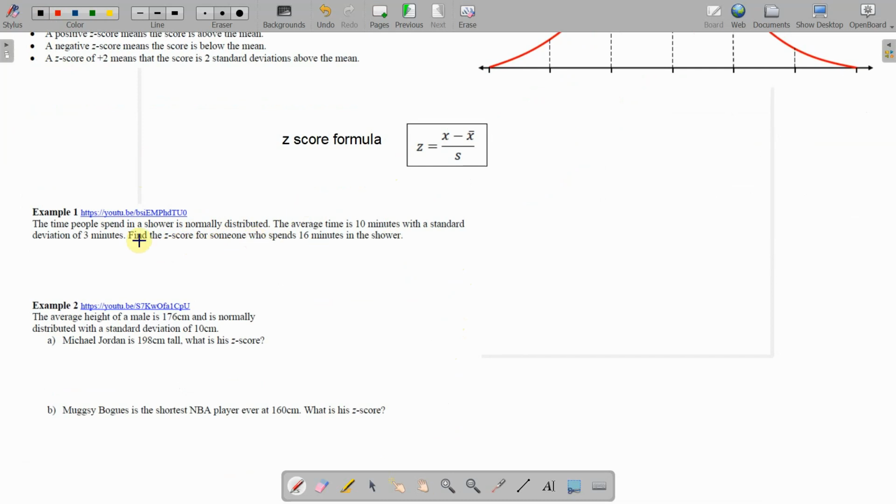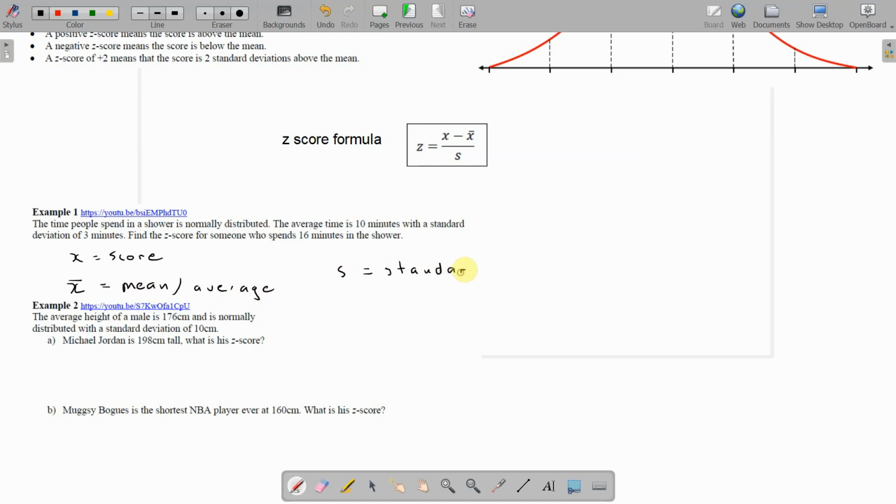The Z-score for someone who, we've got people spend time in the shower, is normally distributed and the average time is 10 minutes with a standard deviation of 3. Well, let's firstly get what this means compared to this. So X is your score, the raw score, the original score. X with a bar on top is the mean or average. And S is the standard deviation, the spread.